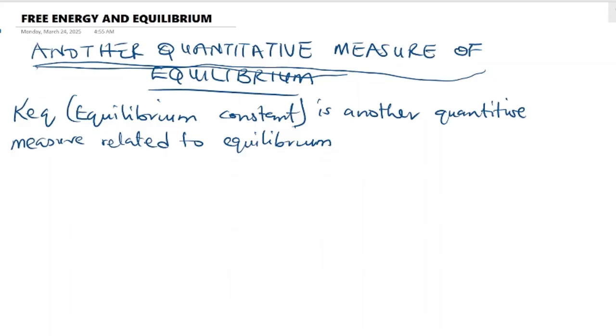Or is the reaction going to the left? That means at equilibrium it has a lot of reactants, no products. Or is it somewhere in between? That is what the equilibrium constant KEQ tells us, and that is what the delta G that we have looked at earlier also does.